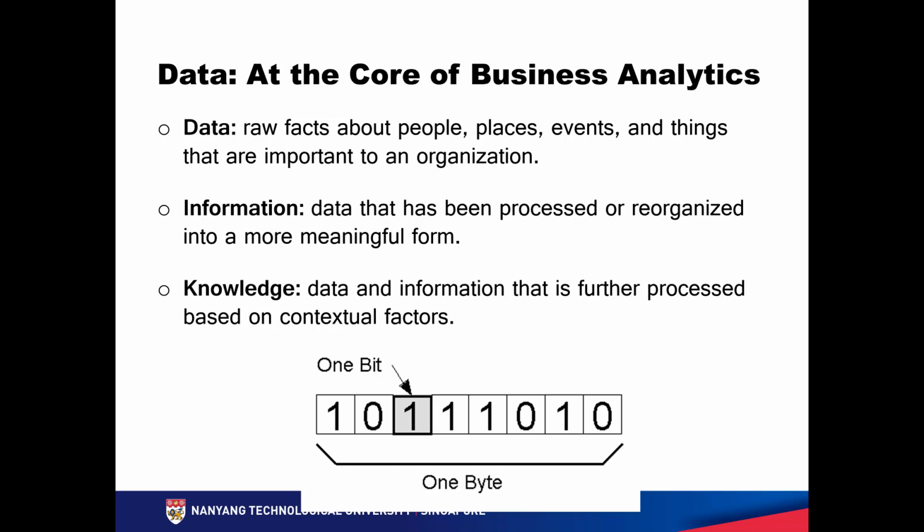When we transform this data by bringing in some meaning, typically it is some business logic, it becomes information. So essentially, there are data that has been processed or reorganized into some meaningful form, then it is information. And finally, when we infuse all this data and information together from multiple sources, then we will have knowledge, which is to bring in the context. So for example, here, you just have one chunk of number.